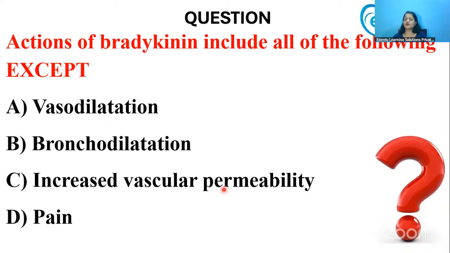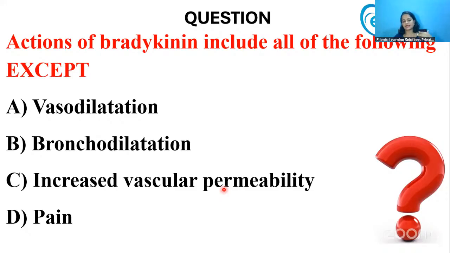Okay, so in the last question, we had discussed the events that are happening in inflammation, mainly the acute inflammation. Now, there are certain chemical factors or chemical mediators that help in endothelial contraction or vasoconstriction, in vasodilatation, and in producing other systemic effects of inflammation.